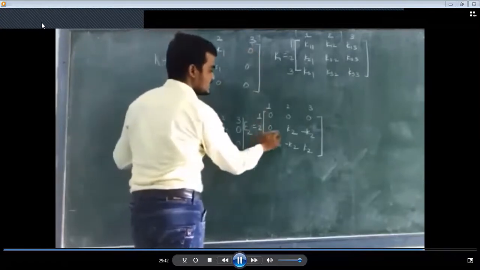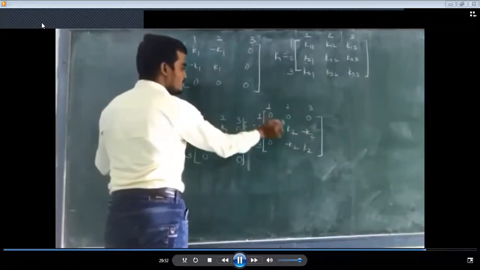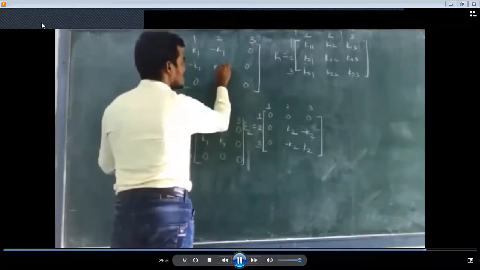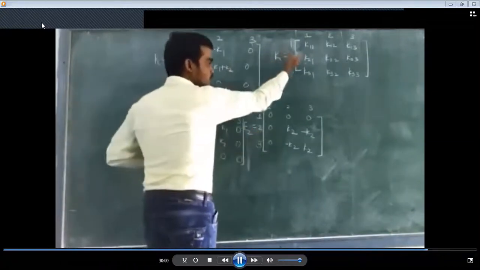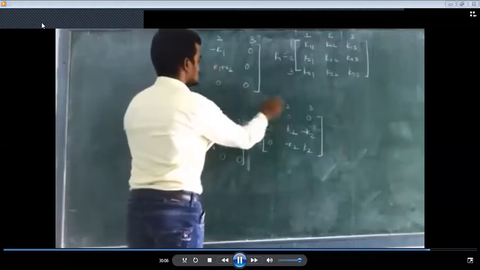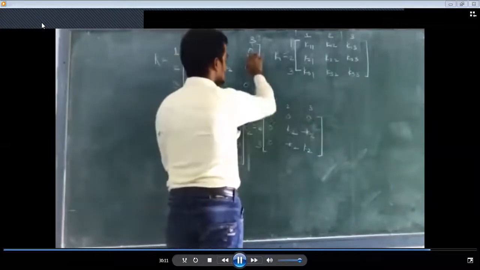So let us see the addition of these two elemental stiffness matrices. K1 plus K2 will become K2. Simply you can add these two matrices to get your global stiffness matrix. So K1 plus 0, K1; minus K1 plus 0, minus K1; 0 plus 0, 0.